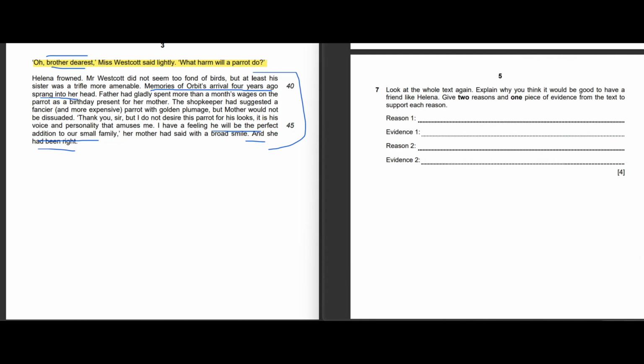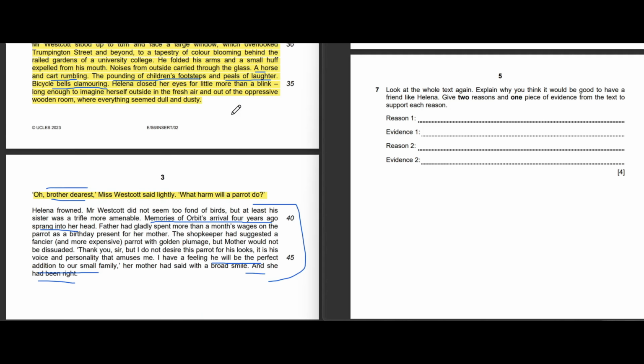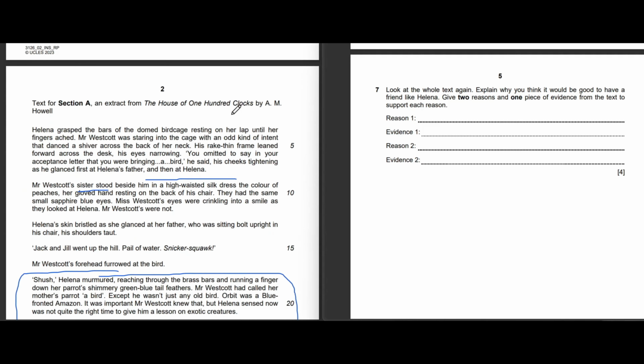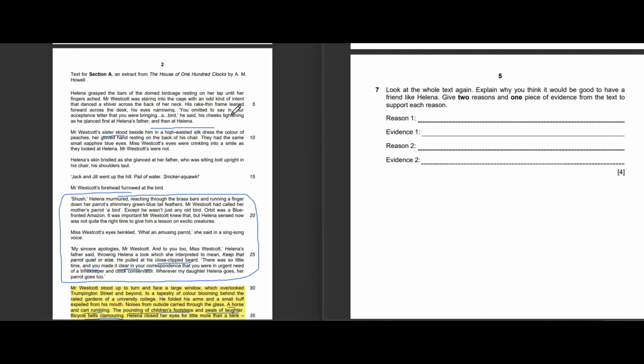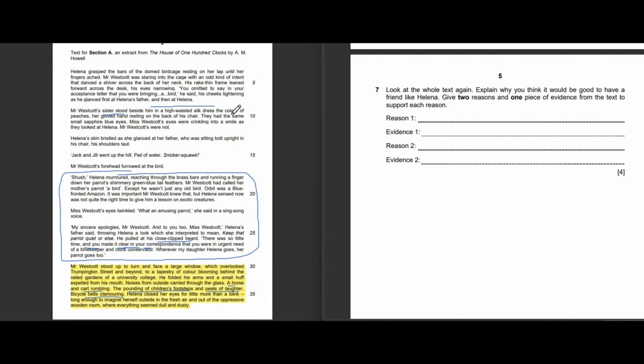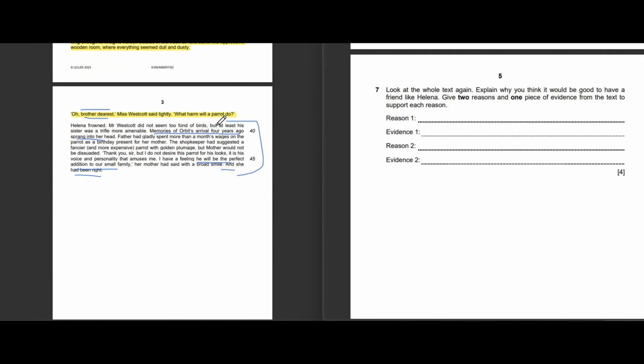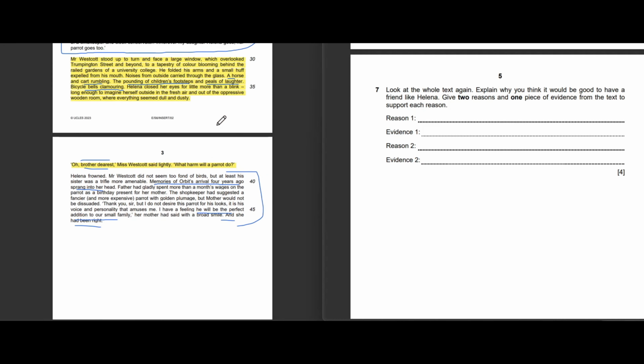Look at the whole text again. Explain why you think it would be good to have a friend like Helena. Give 2 reasons and 1 piece of evidence from the text to support each reason. So the whole text means we can get the answer from the whole text here. This is the first page. You may take a screenshot and save it in your gadget, and you can read the second page here.